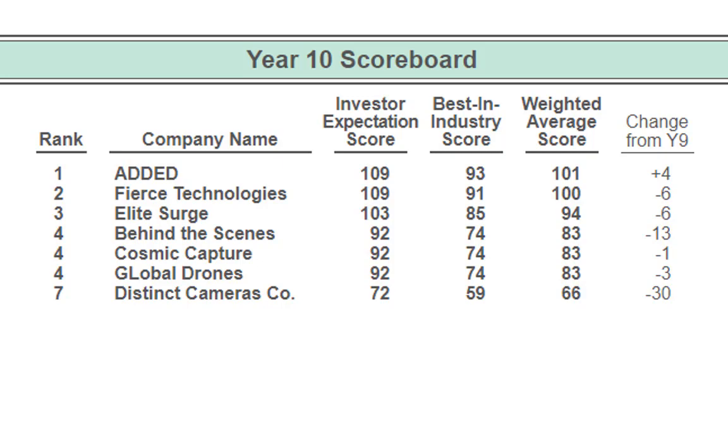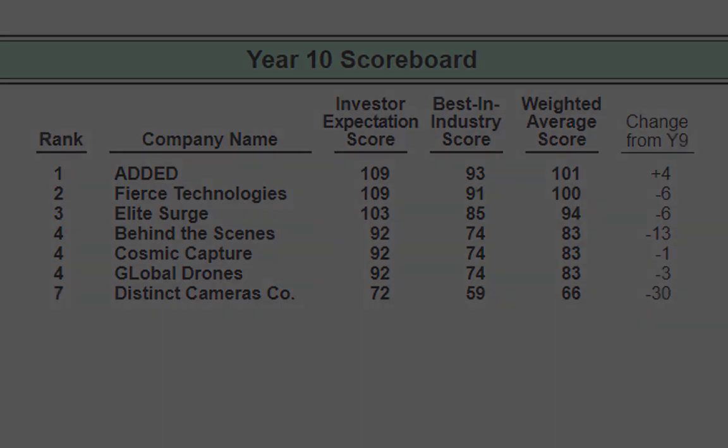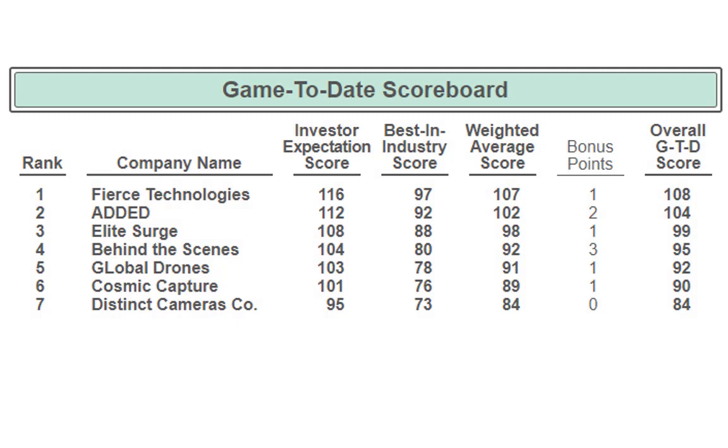So great job, Team A. Now if we look at the game-to-date scoreboard, Team F is still leading the charge with a 108 overall game-to-date score. Team A, though, is now at 104. And then you have everybody else except Team D in the 90s. That's really where you want to be, somewhere in the 90s, because that keeps you in the hunt. Team D, you have to have a fantastic couple of years coming up, or you'll be completely out of it. Don't hold back.